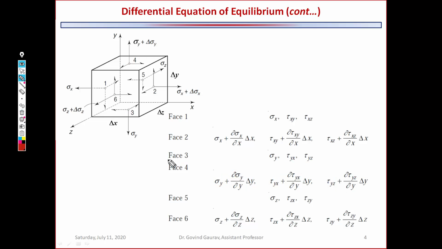This is for the y direction, this is for the x direction. So this one is for the x direction, this one is for the y direction.